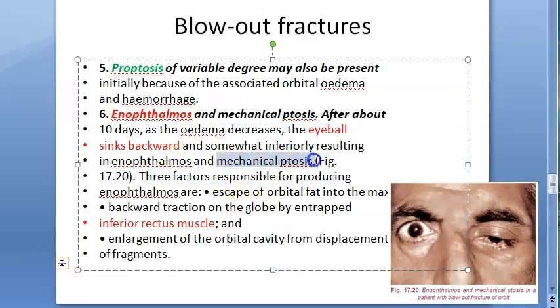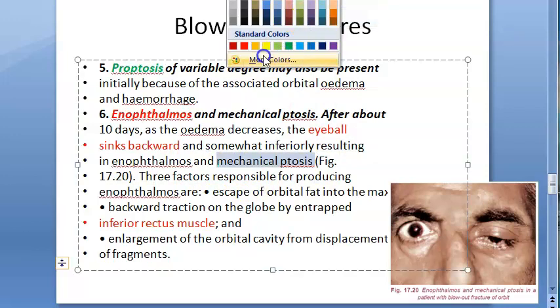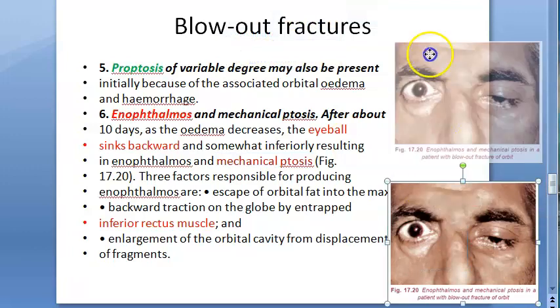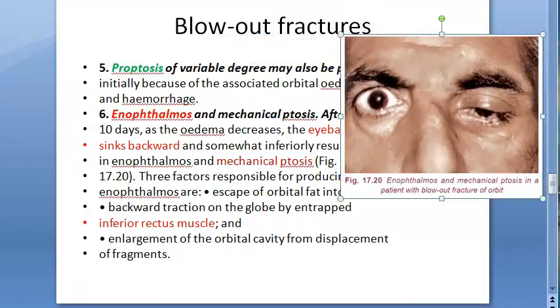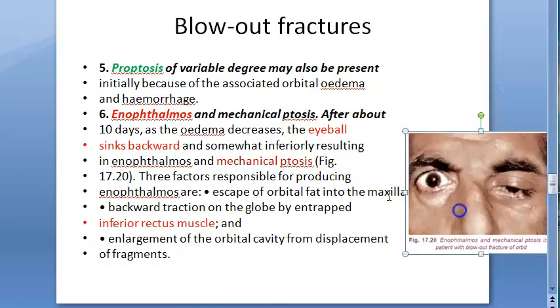And there is mechanical ptosis of the eyelid. Ptosis means abnormal drooping of the upper eyelid. So that is what you can see here. You can see this eye seems to be inside and lower, and the upper eyelid is drooping. So ptosis. And all this they are saying happens after 10 days.